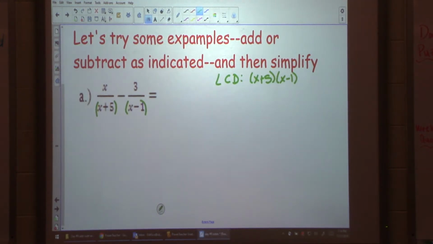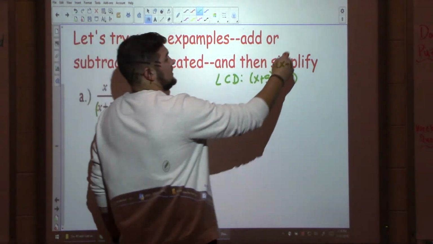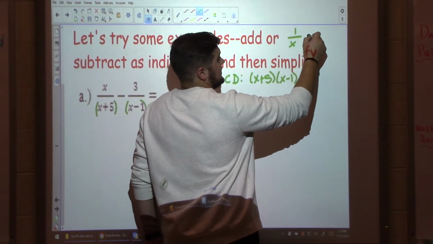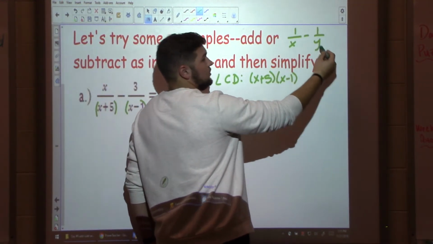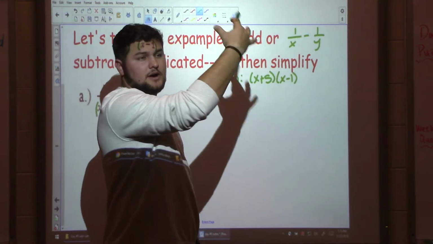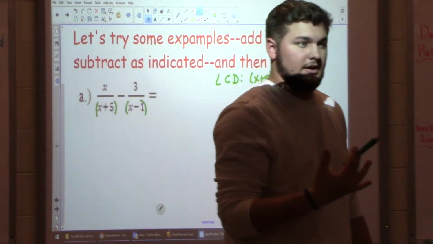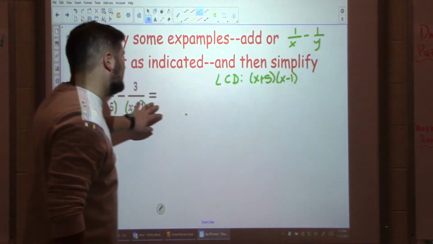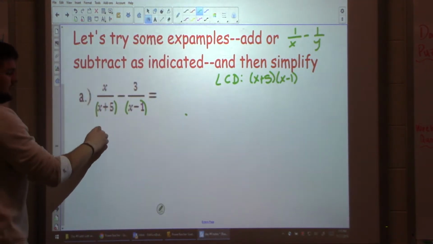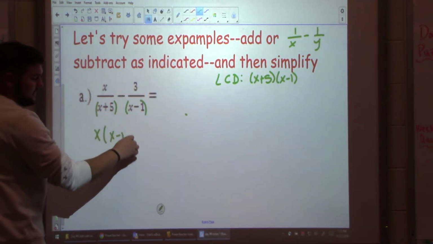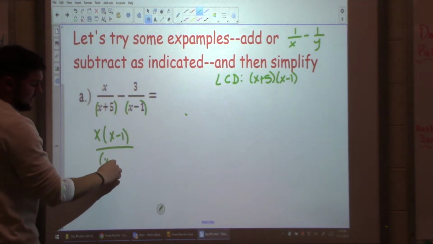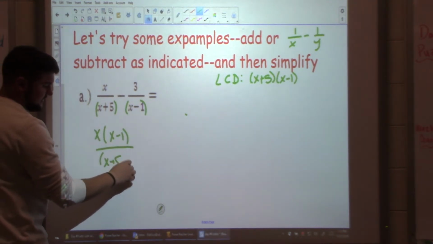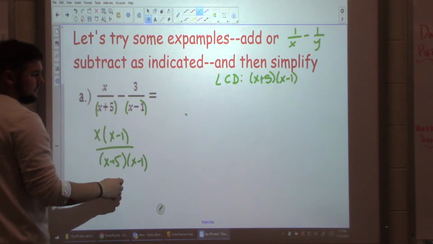This is just like if I gave you a fraction like 1 over x minus 1 over y. You would multiply x times y and y times x to get a least common denominator. Same sort of idea here. I'm going to take the first fraction and multiply by x minus 1 on top and bottom: x over x plus 5, x minus 1.